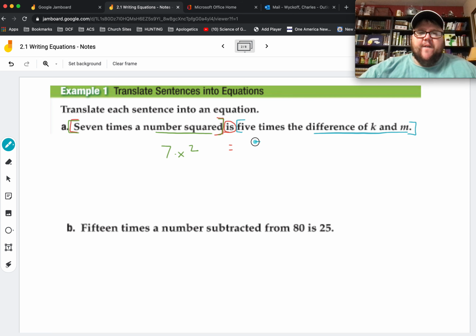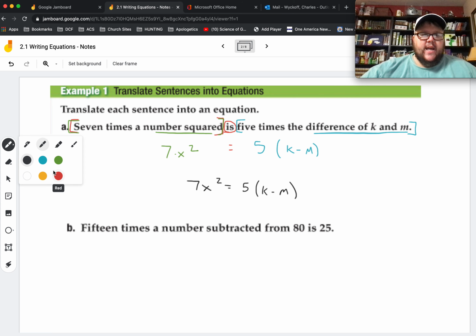So we have 5 times the difference, which means K minus M has to be in parentheses. So that tells us that our answer is 7x squared equals 5 times the quantity K minus M. And that's that. So let's go ahead and do this one now.